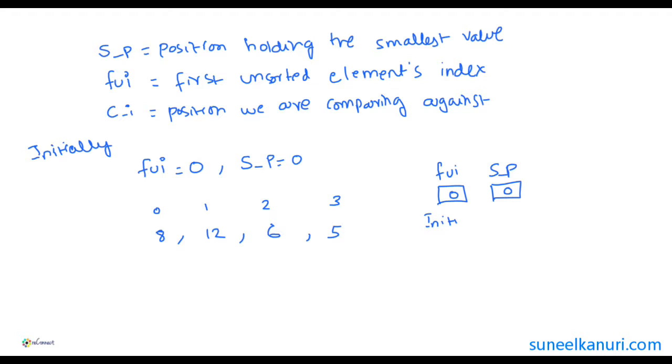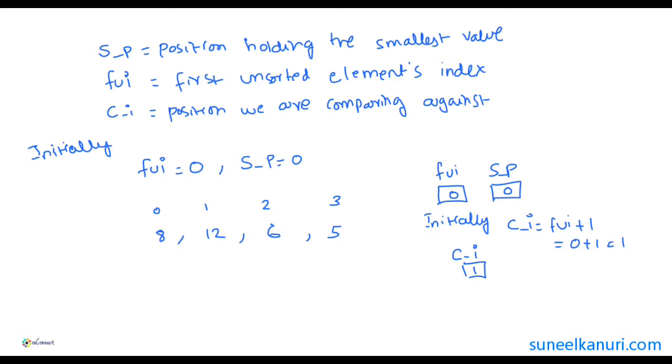Only initially, our comparable index is going to be FUI plus 1, which is 0 plus 1, which is 1. So our C_I is going to be 1.